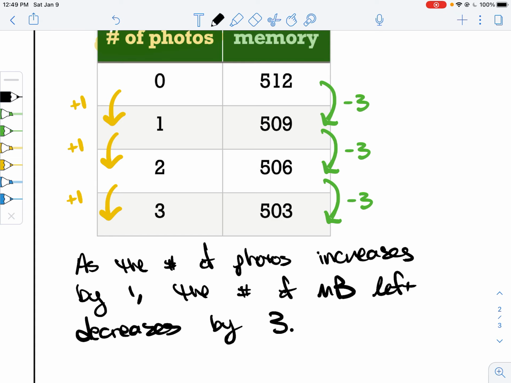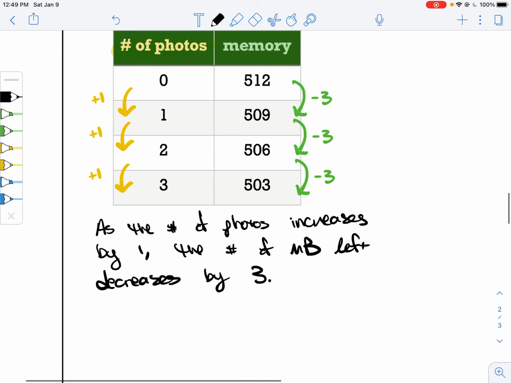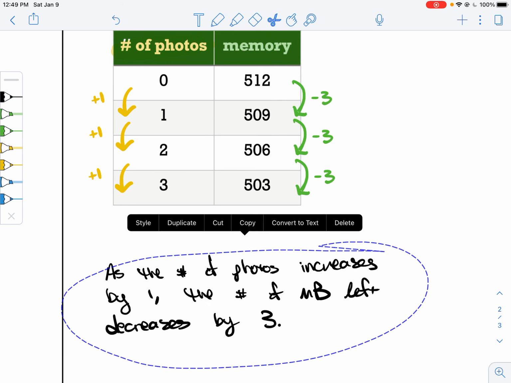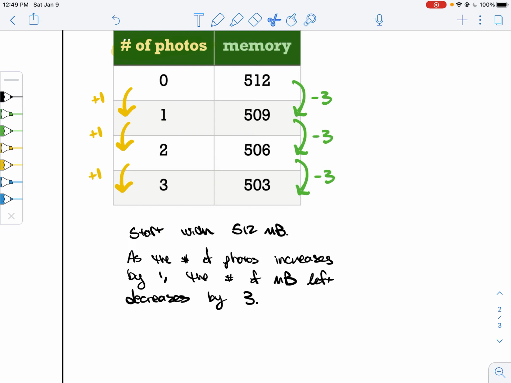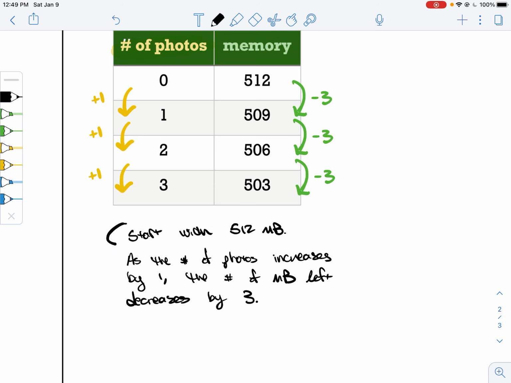But we left out a very important part. That's describing the change. We don't know how much we have to start with. So, you start with 512 megabytes. That's one way to describe this rule in words. It's kind of verbose, it's wordy, okay?